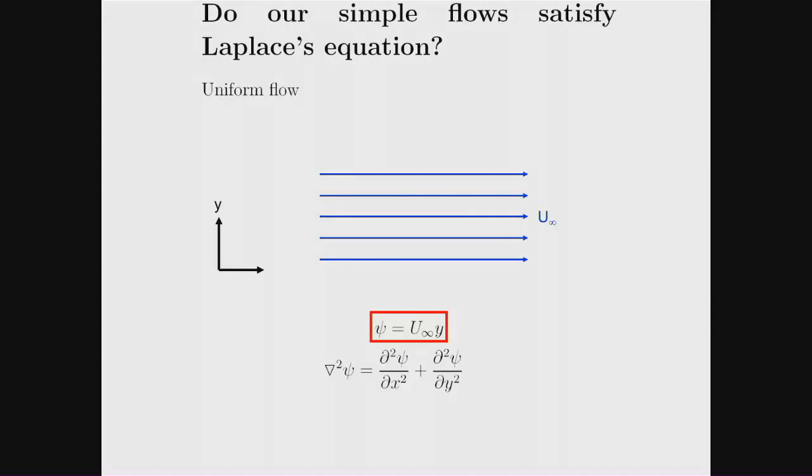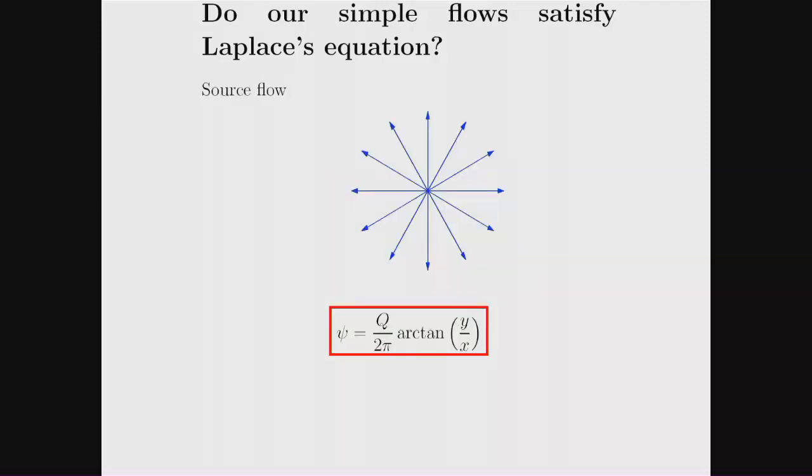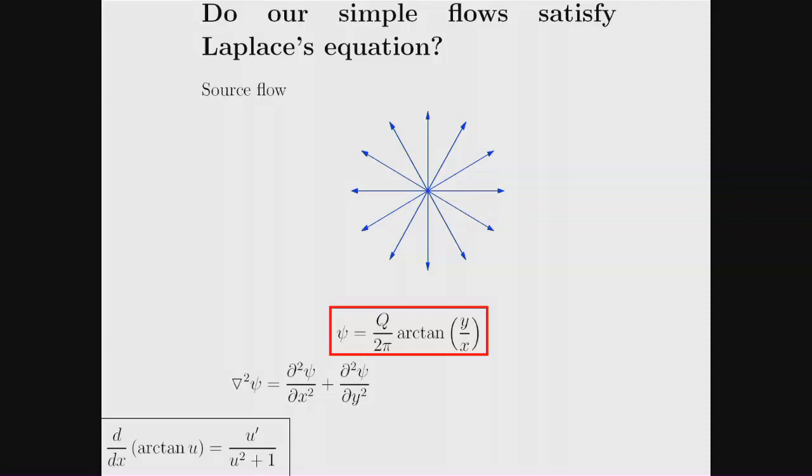Right, so we have shown that our parallel uniform flow satisfies our Laplace equation. Okay, so the Laplacian of psi is equal to 0. Okay, and we can also show that for a source flow, if I take the Laplacian of psi for a source, okay, always remember the derivative of arctangent, okay?